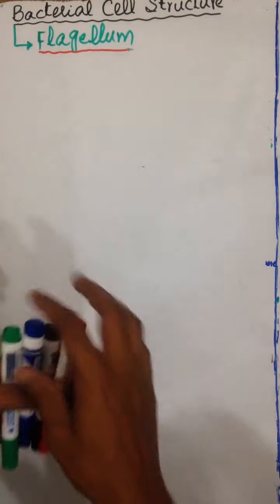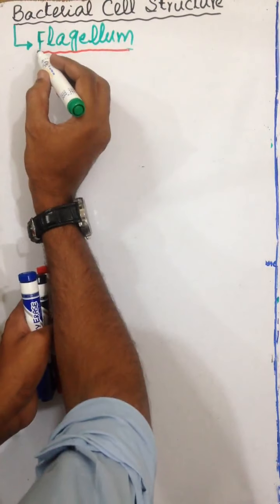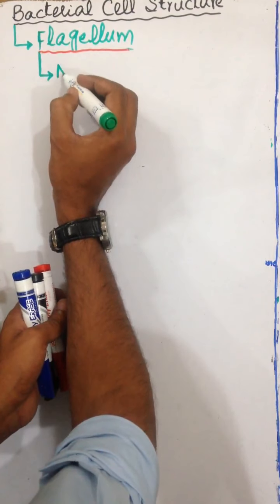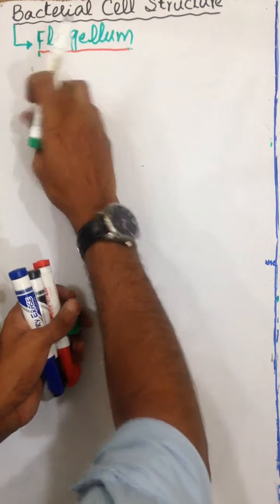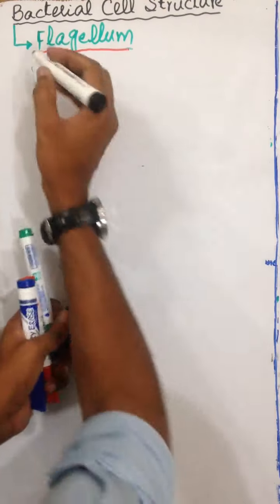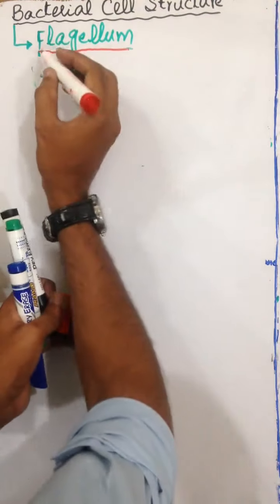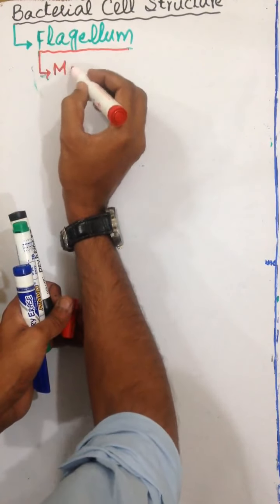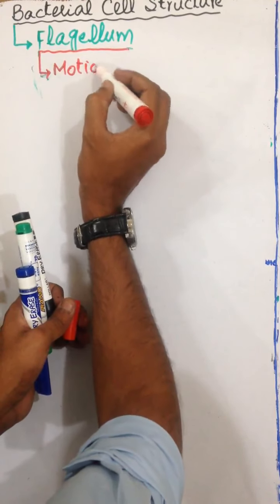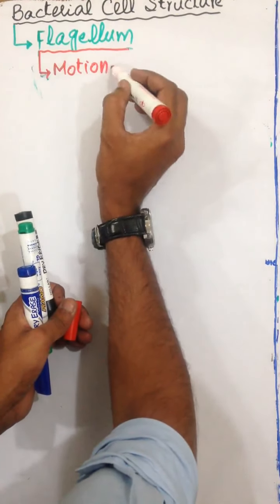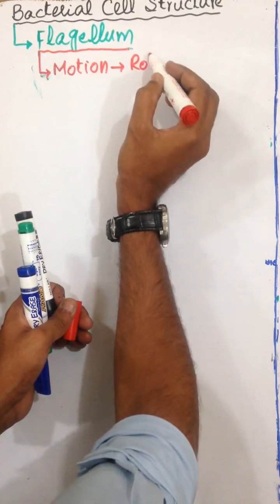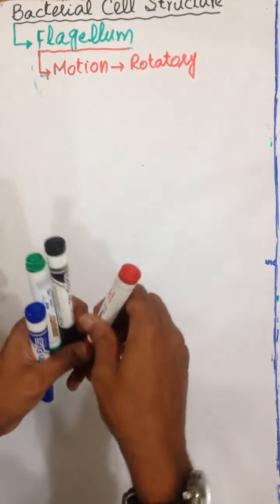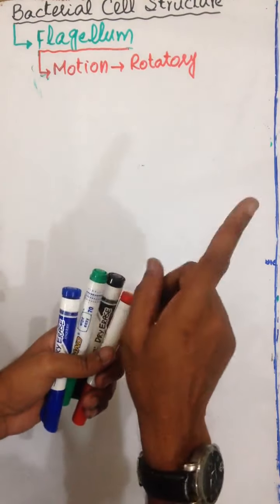In bacteria, the flagellum rotates and provides motion, so the motion is rotatory. In eukaryotes, it's a lashing movement.